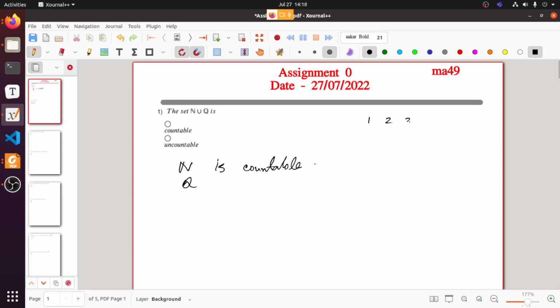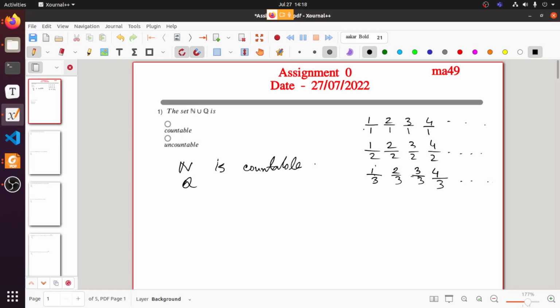Write 1, 2, 3, 4 and so on, everything divided by 1. Then write 1, 2, 3, 4 divided by 2, and go on this way: 1 by 3, 2 by 3, 3 by 3, 4 by 3.